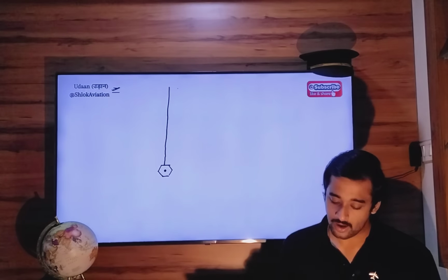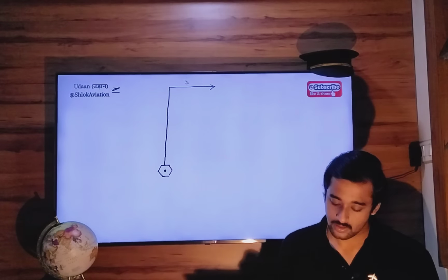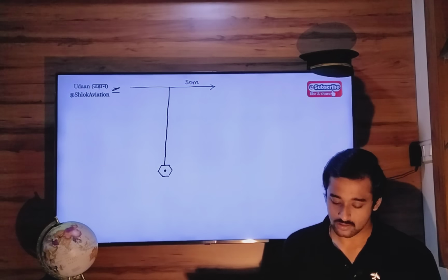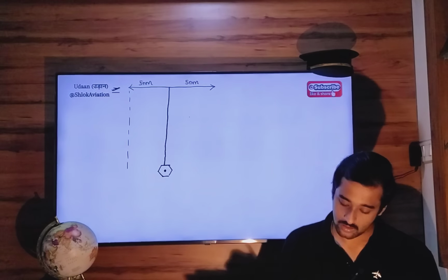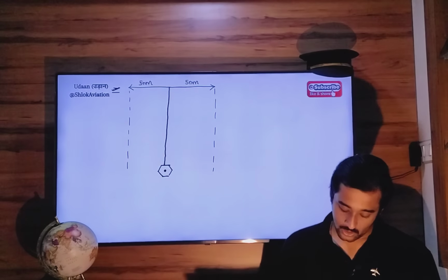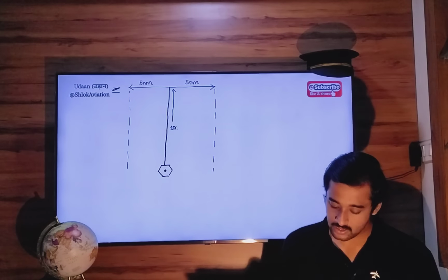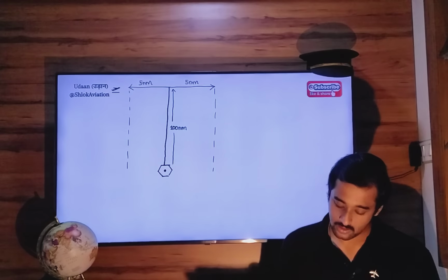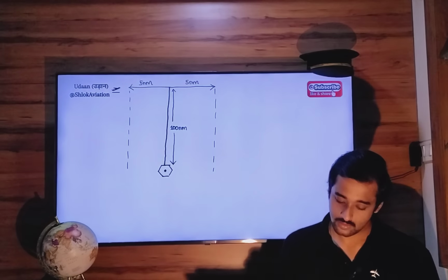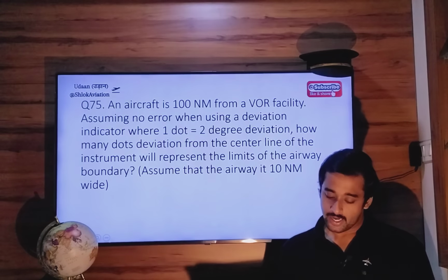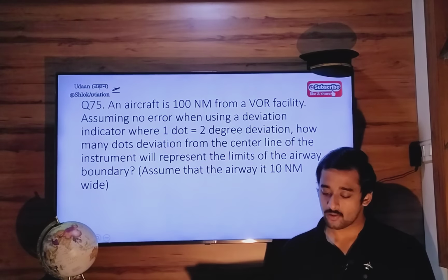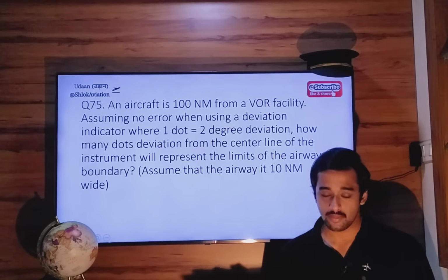That means 5 nautical miles on either side. And you are 100 nautical miles away, somewhere here. And you have to find out how many dots deviation from the center line of the instrument will represent the limits of the airway.